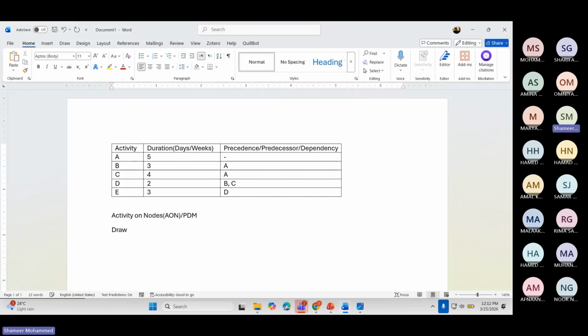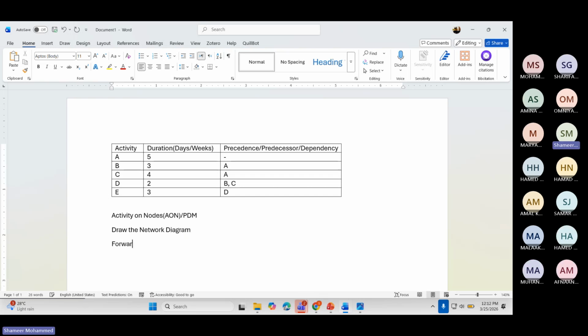First is drawing the network diagram. Number 2 is forward pass calculation and backward pass calculation. Then list all the paths, then find the CPM, critical path method, that is, the longest path.